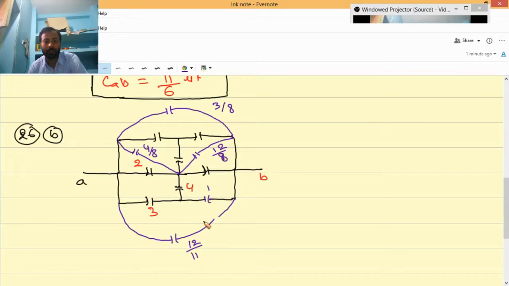So by that time 3 into 1 is 3 divided by 8. So 3 by 8 value is same. Again 4 into 1, so it will be like 4 upon 8.